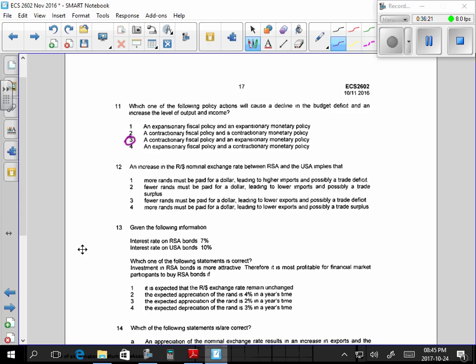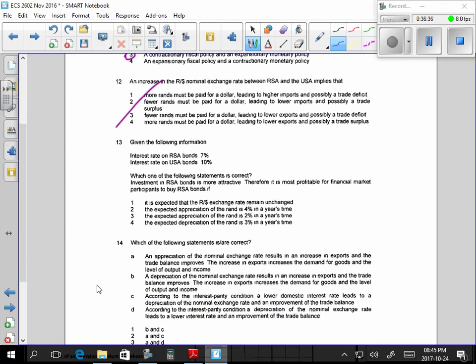Remember this question, quite a popular one. Right, question 12. It's incorrect, so don't worry about that one. Question 13. This is the return on your investment in South Africa versus America. Again, all you need to remember is to take into account your exchange rate movement. It will either benefit you or it will not benefit you, depending on which way it moves. Okay? In this case, the answer would be 2.